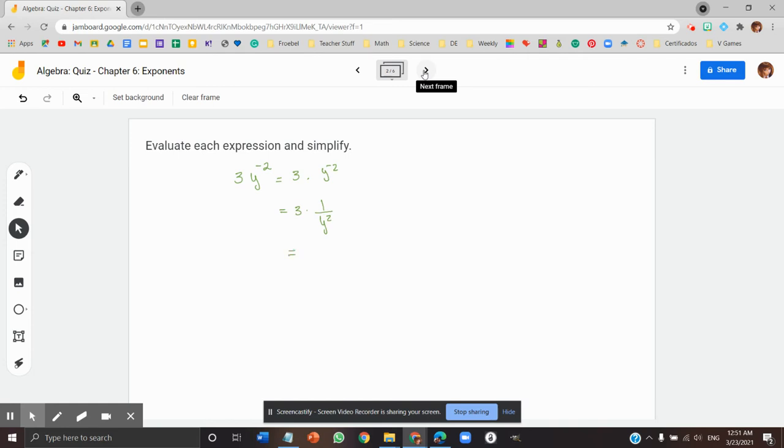And then I can just multiply this, right? 3 over 1 times 1 equals 3. And I can make this a fraction too. And 1 times y to the second power will be y to the second. And that will be my answer.